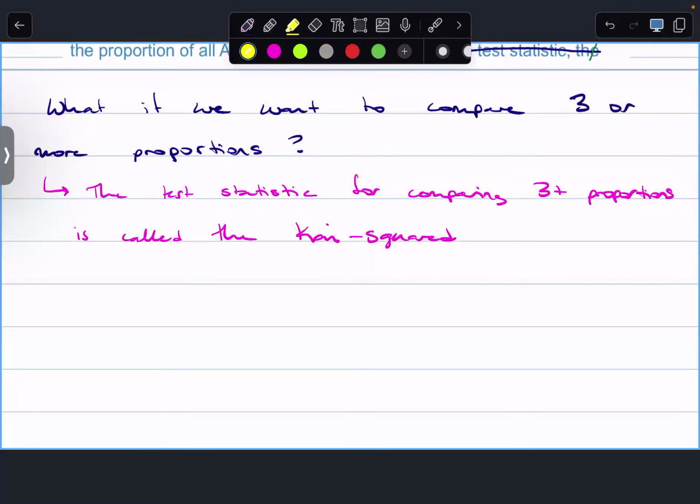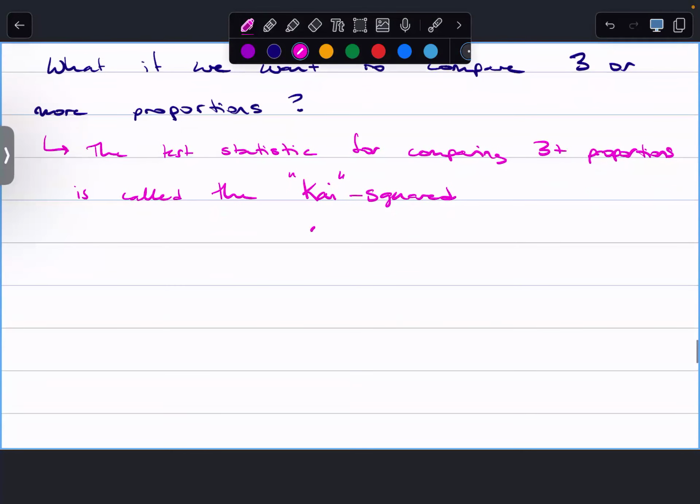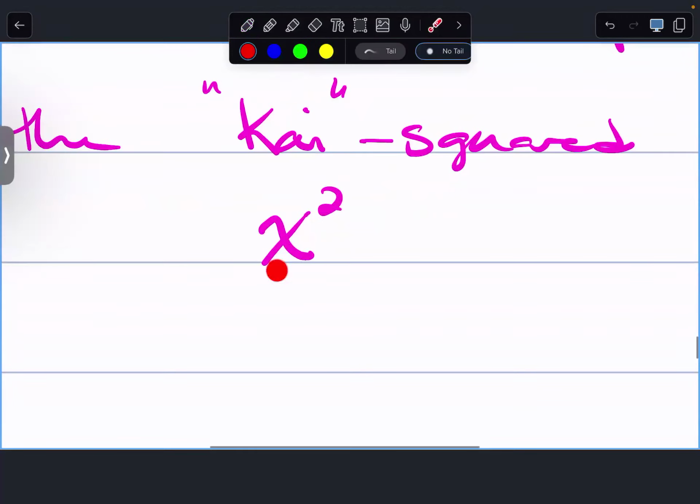And I emphasize that it's, and I should write it properly. You pronounce it chi, but it's really a Greek letter chi. Have you seen chi before in other notation? But chi is a Greek letter X. And so it's kind of a snazzy X, and then we square it.